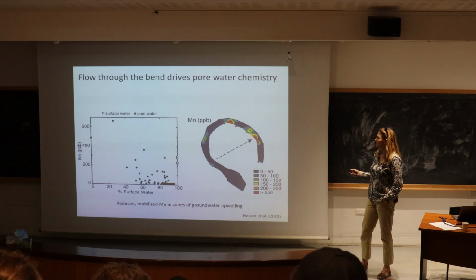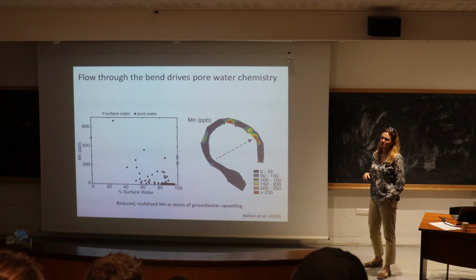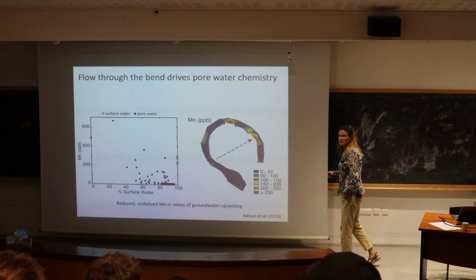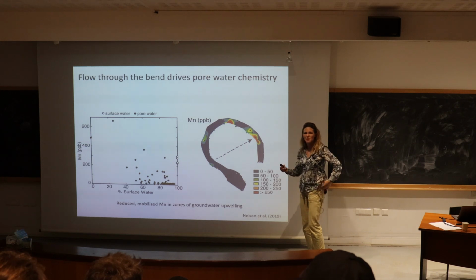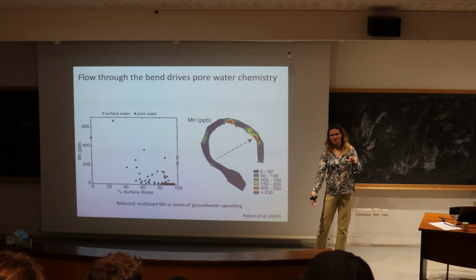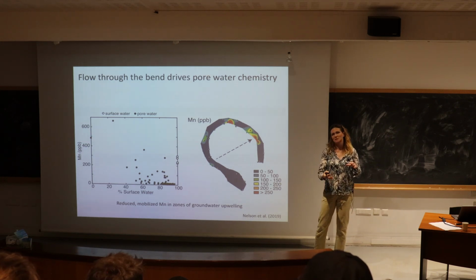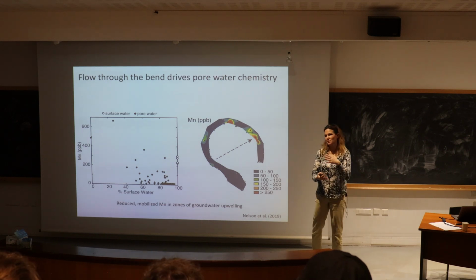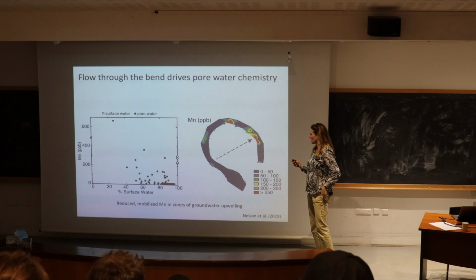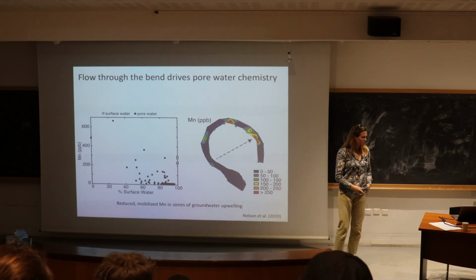And if you walk around some of these sites, you can actually see manganese oxides forming in the stream bed. So a lot of this can be due to dissolved manganese from reducing groundwater mixing with oxygenated surface water as it moves through the hyporheic zone and precipitating out manganese oxides.